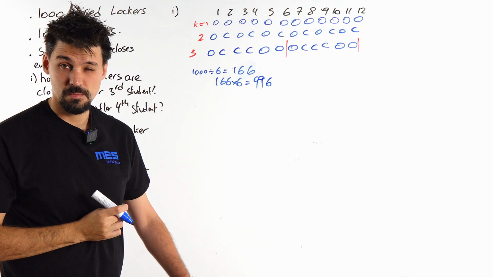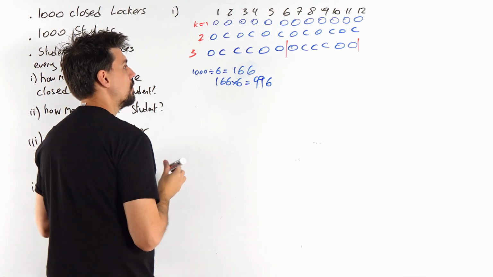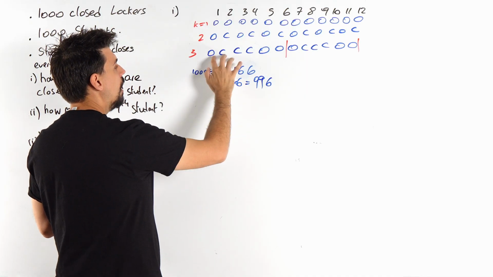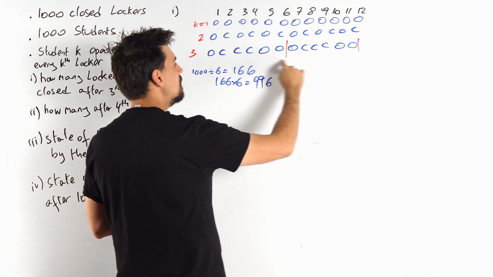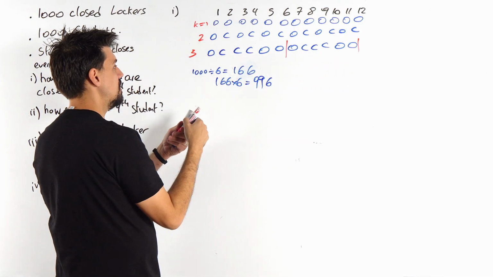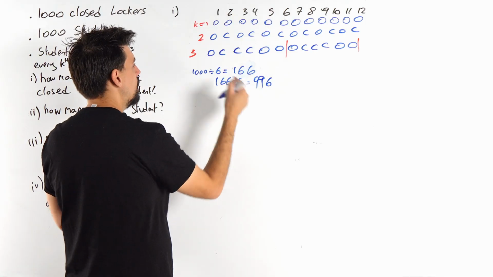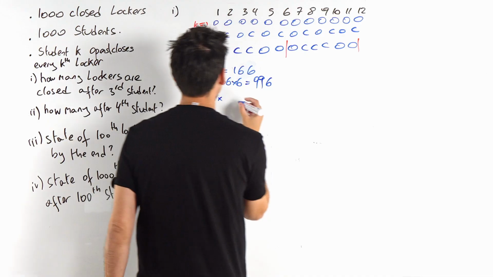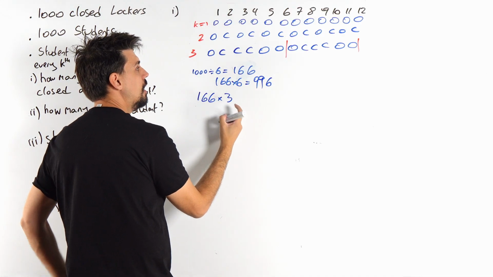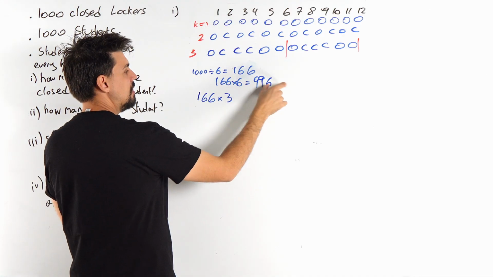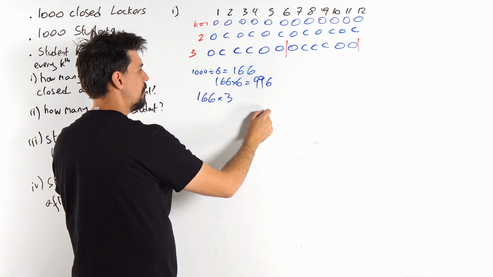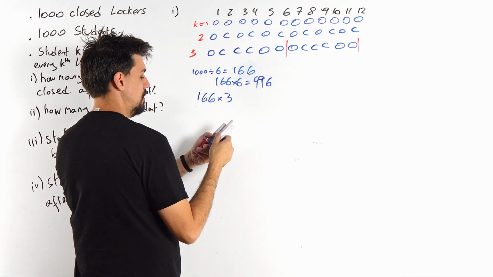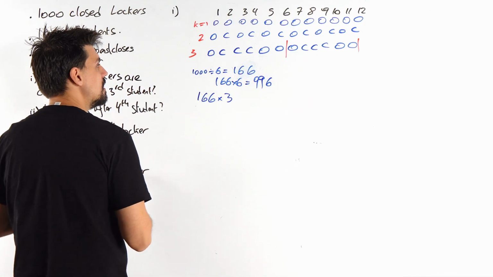So what does that mean? Well, I will get this pattern 166 times. So I've got 166 lots of this pattern. We want the number of closed ones, so there are 3 closed in each pattern. Now, what will be left? Well, after 996 I've got another 4 numbers: locker 997, 998, 999, and 1,000.